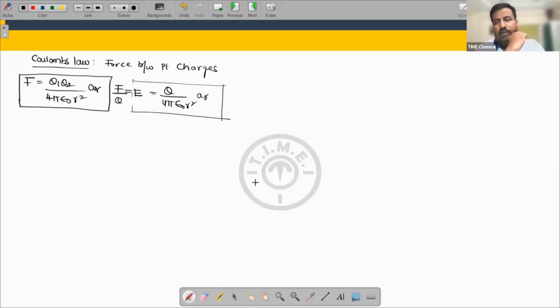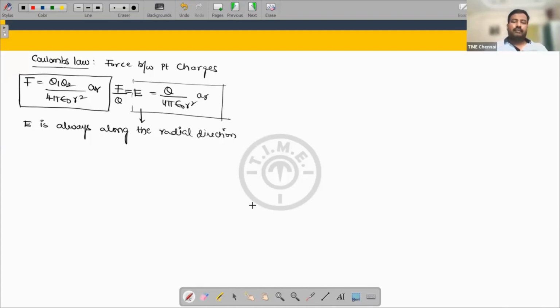This implies a very important conclusion, that electric field E is always along the radial direction.